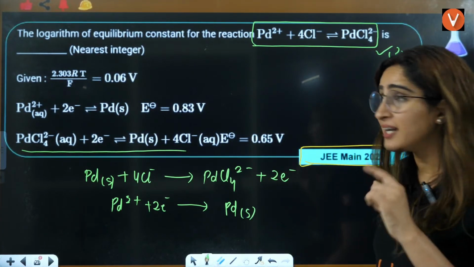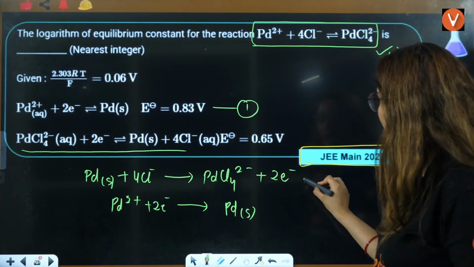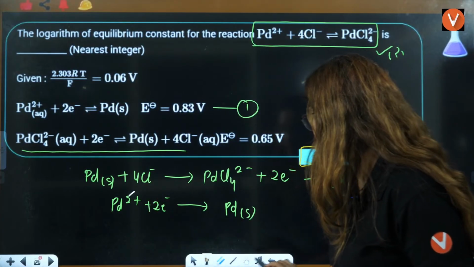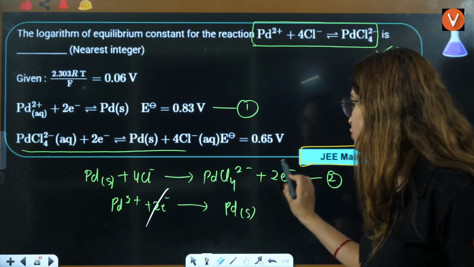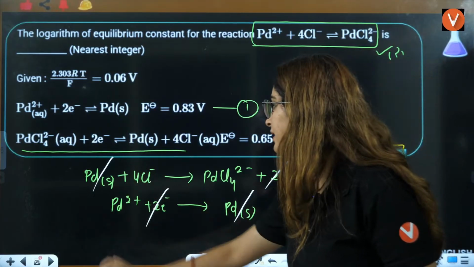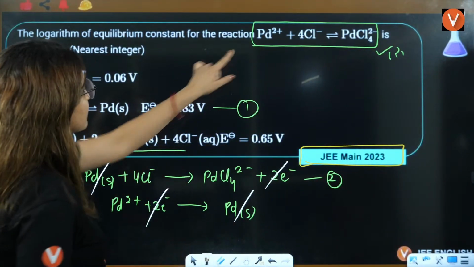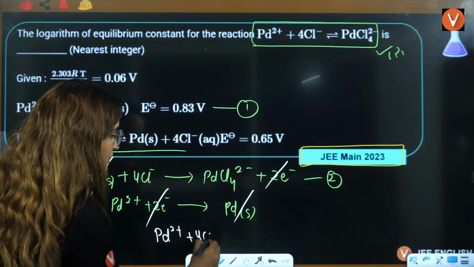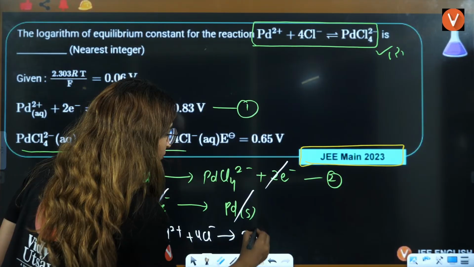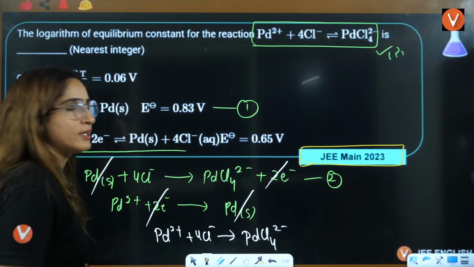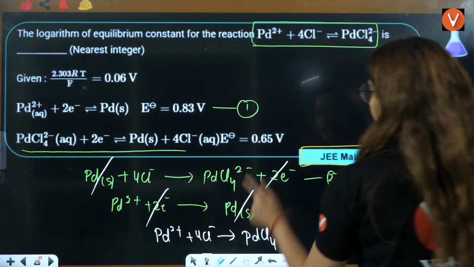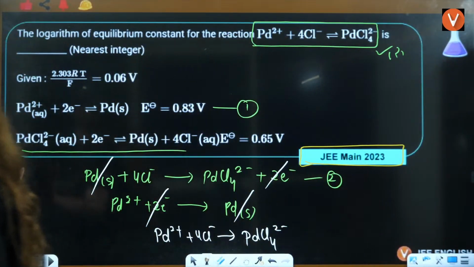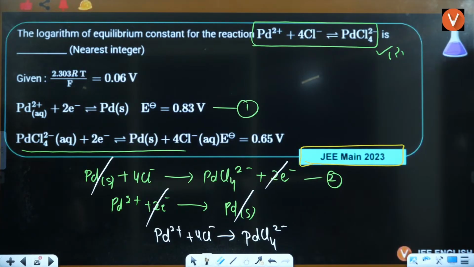So when you add this equation and this equation, the 2 electrons will cancel, Pd will cancel, and you will have this particular answer, that is Pd2+ plus 4Cl- gives rise to PdCl4 2-. Right? Aren't we forming the same equation? We are able to form the same equation, guys.